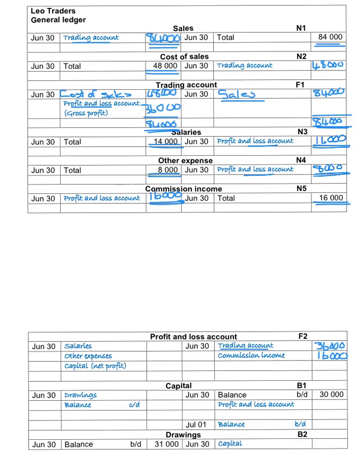So salaries is 14,000, the other expenses 8,000, and if I add up the debit side, I will get 52,000. That means the total on the credit side must also be 52,000, and then I will subtract the amounts on the debit side, giving me the balancing figure as 30,000.